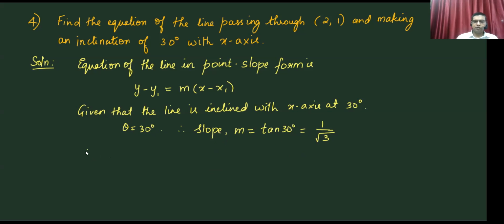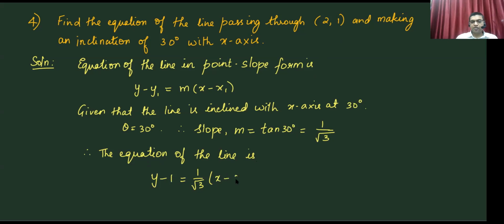Therefore, the equation of the line is y minus y1, that is y minus 1, is equal to tan 30, 1 by root 3, into x minus x1. x1 is 2, y1 is 1. So y minus y1 is equal to slope into x minus x1.